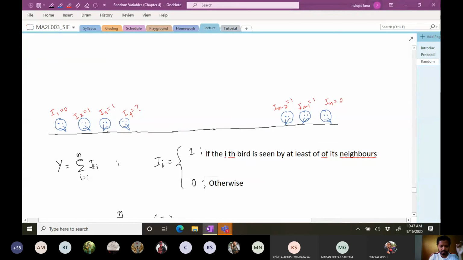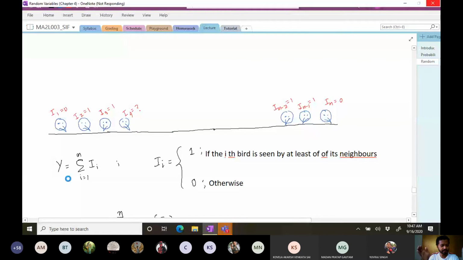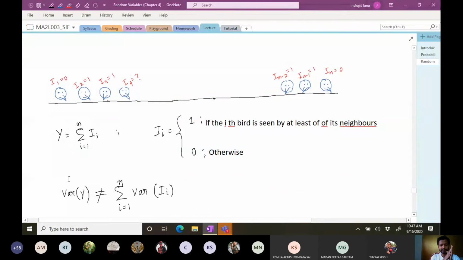And this Y is the sum of the total number of BARTs which are seen by at least one of their neighbors. Now, if I want to find the variance, can we write the variance of Y as the summation of the variances of Ii? In the previous week's lecture, we saw that we can write the expectation of Y as the summation of the expectations of Ii.